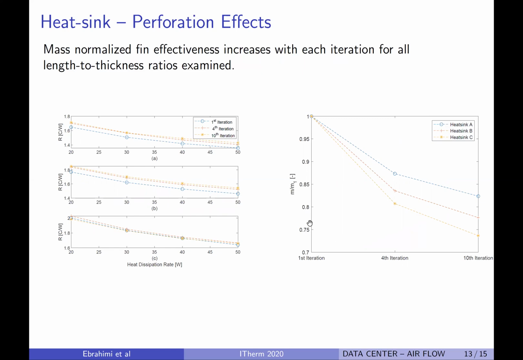If you look at the right plot, you see that for the thicker fin, the mass reduction is about 25%. So if we combine these results, we can have a high performance heatsink with considerably reduced weight, which is very interesting for applications like aerospace and telecommunication systems.